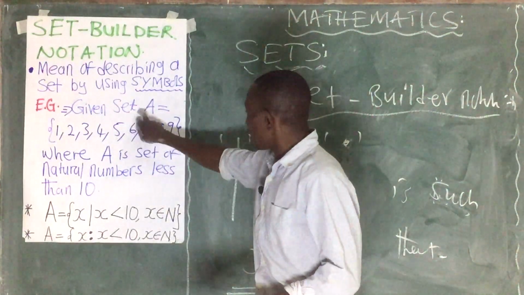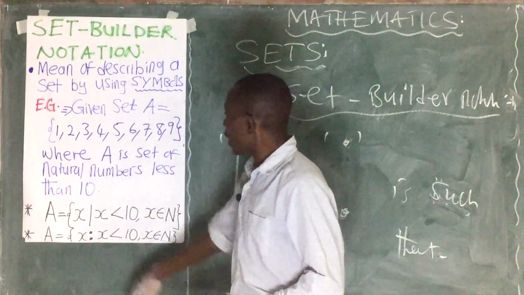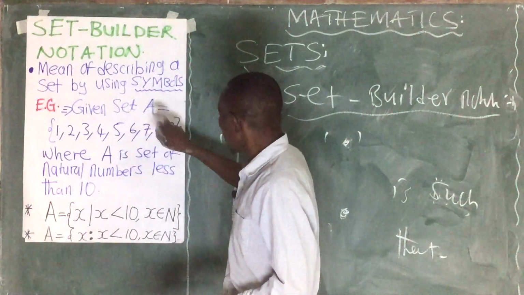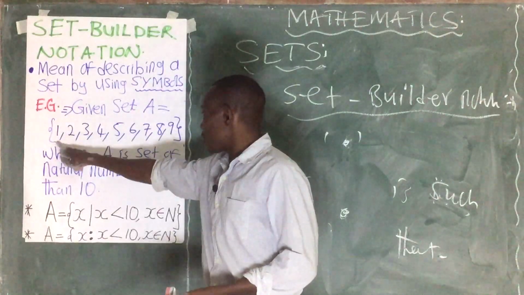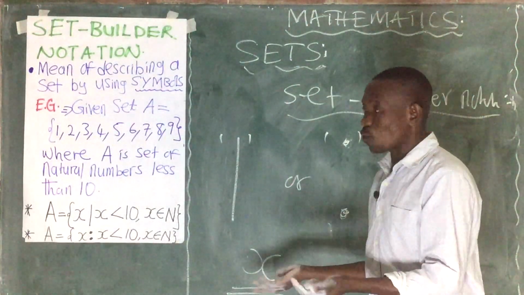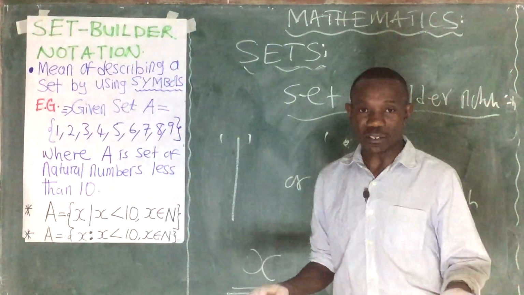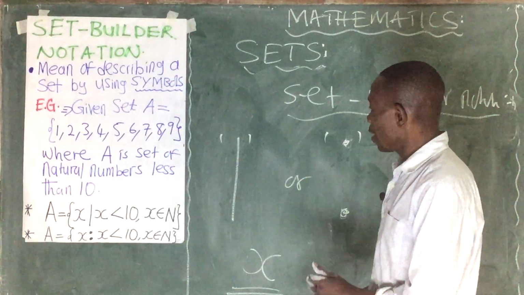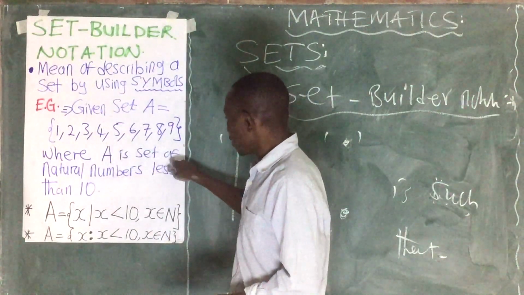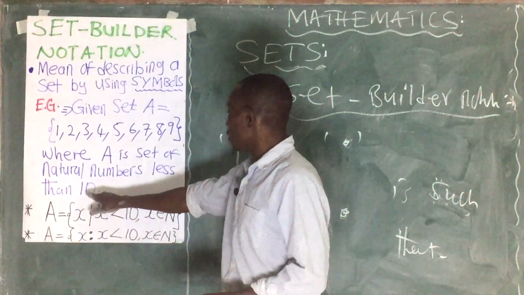So we have a set A whose values are 1, 2, 3, 4, 5, 6, 7, 8, 9. And these values, we know for sure, are natural numbers, or one can call them whole numbers. You can give a description to them. So here we are considering A as a set of natural numbers less than 10.